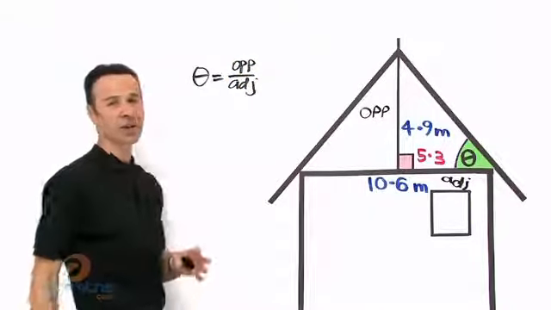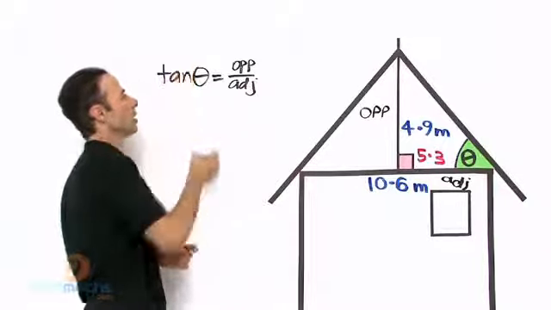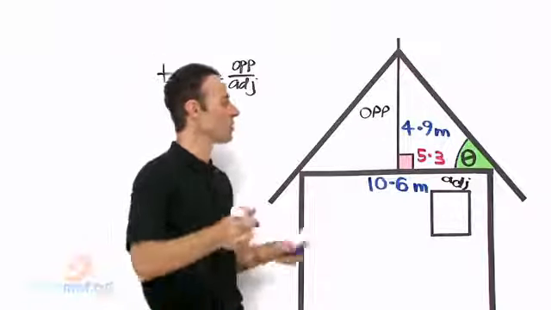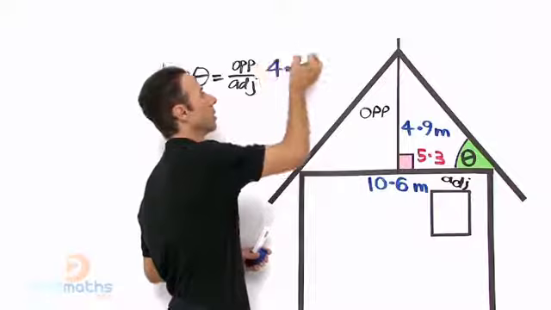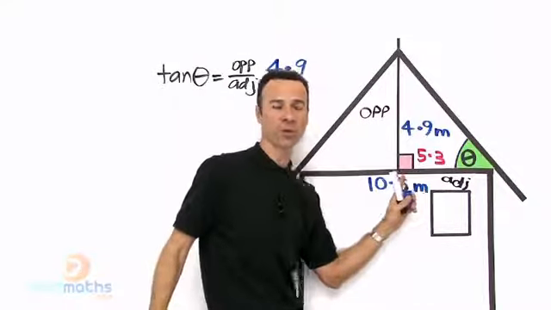Okay, what's opposite over adjacent? It is tan. We know about that, tan theta, opposite over adjacent. So let's put in the numbers. Opposite, right in front over here, is the 4.9. And then right across here in red is that 5.3.